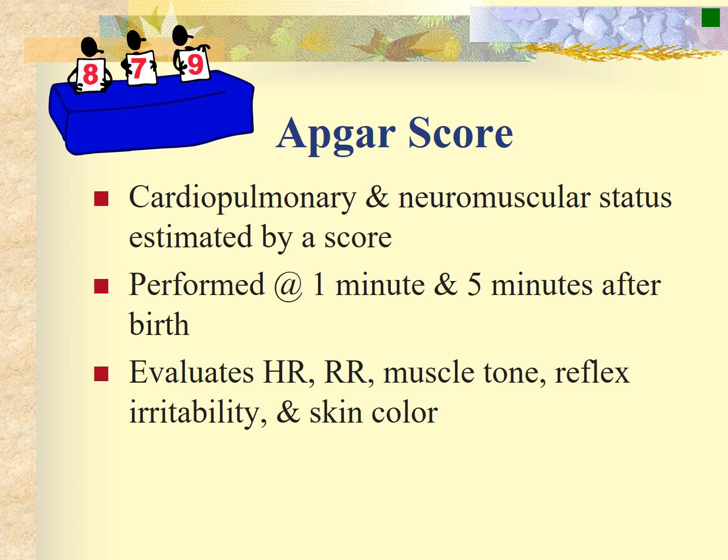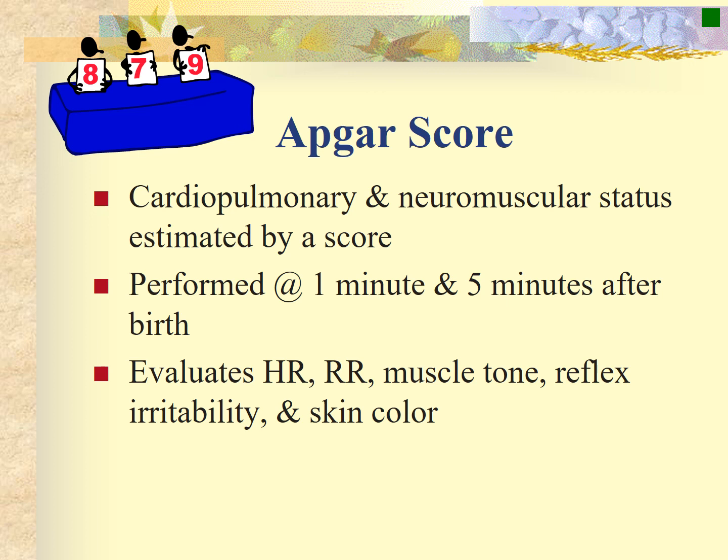If it's 4, 5, 6, or 7, then I'm going to stimulate that baby. That baby needs a little bit of stimulation to make sure it's crying well, that we can get that Apgar to go up, because we like to see those Apgar scores 8 or higher at that 1 minute.